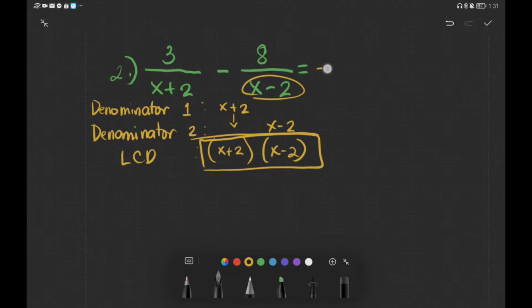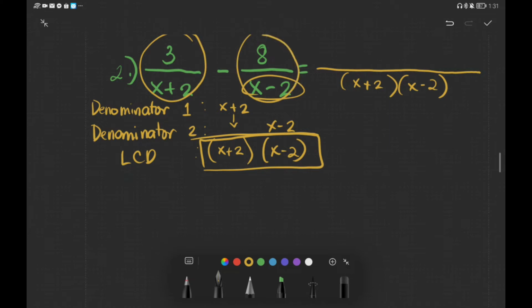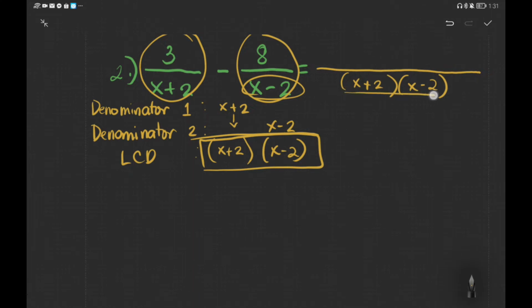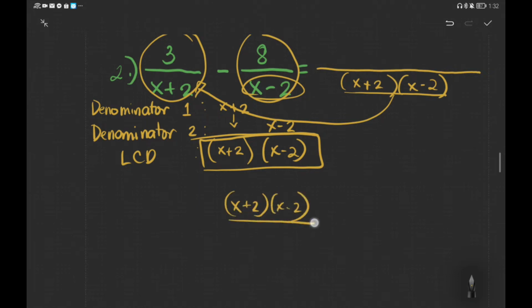Now we are going to multiply x plus 2 and x minus 2 sa duha kani. Sugdan nato sa first expression. We have x plus 2 times x minus 2 divided by x plus 2, ang denominator.